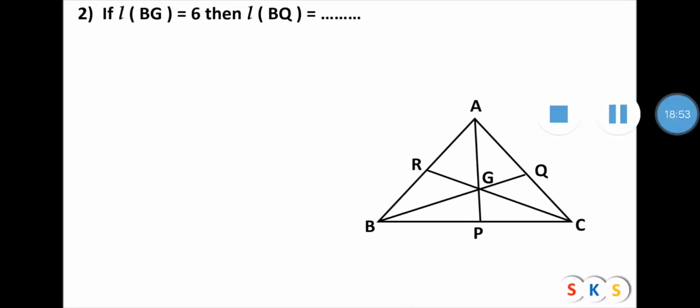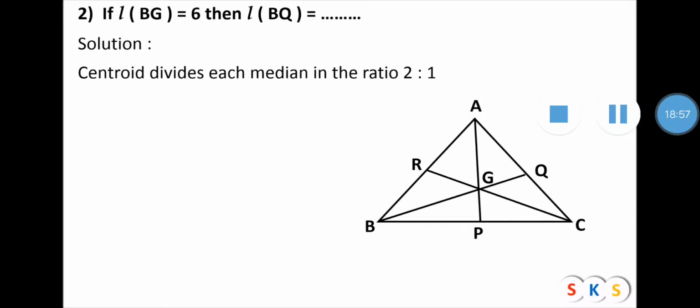Second, if length of BG is equal to 6, then length of BQ is what? Solution: centroid divides each median in the ratio 2:1. Now here BG will be 2 and GQ will be 1. Now we have to find length of full BQ. So first we will find the length of GQ and then we will add BG plus GQ.